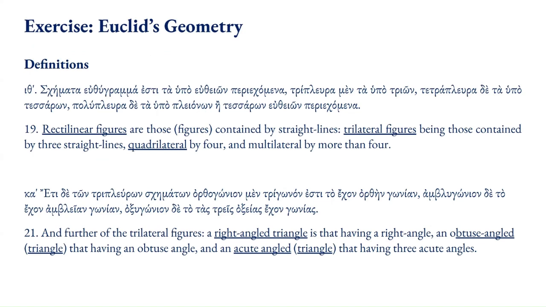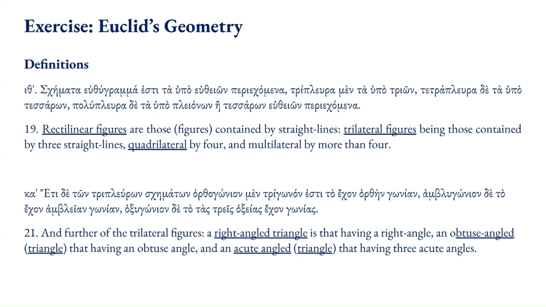Okay, definition. I gave you the definition in ancient Greek given by Euclid. And then I also gave you the translation of the definition in English. I underlined the concepts we are dealing with today. As you can see, we have 3 different concepts: rectilinear figure, trilateral figure, and quadrilateral figure.